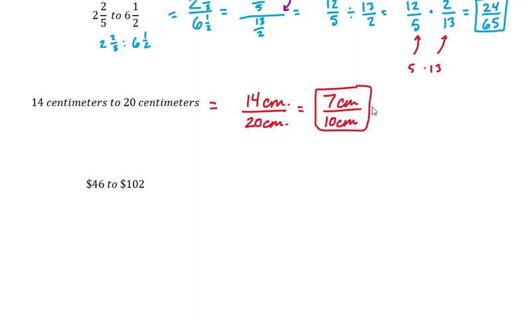Now, this is a little bit of a funny thing to think about. What did I just do? I said 14 is 2 times 7, and 20 is 2 times 10, and I crossed off the 2's because they're the same factor. Well, could you think about this as the centimeters being the same and just cross those off? The ratio of 14 centimeters to 20 centimeters is 7 to 10.